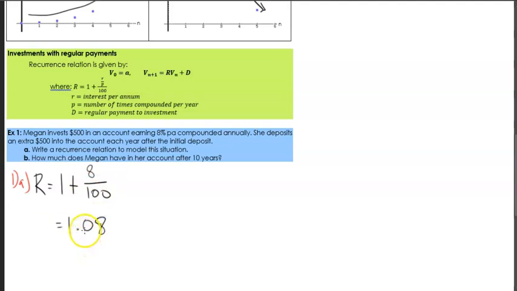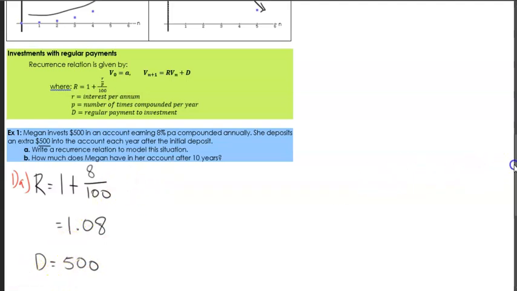So our common ratio is 1.08, but then also we've got to take into consideration that Megan is paying an extra $500 as well on top of this. So our D value, or common difference, is 500, and it's positive because it's added on. So to write our recurrence relation, we always start with V of 0.